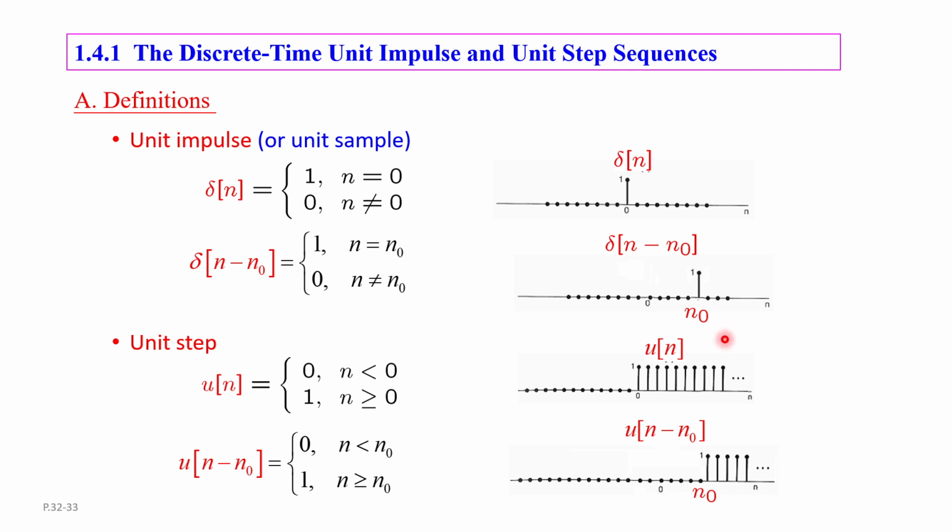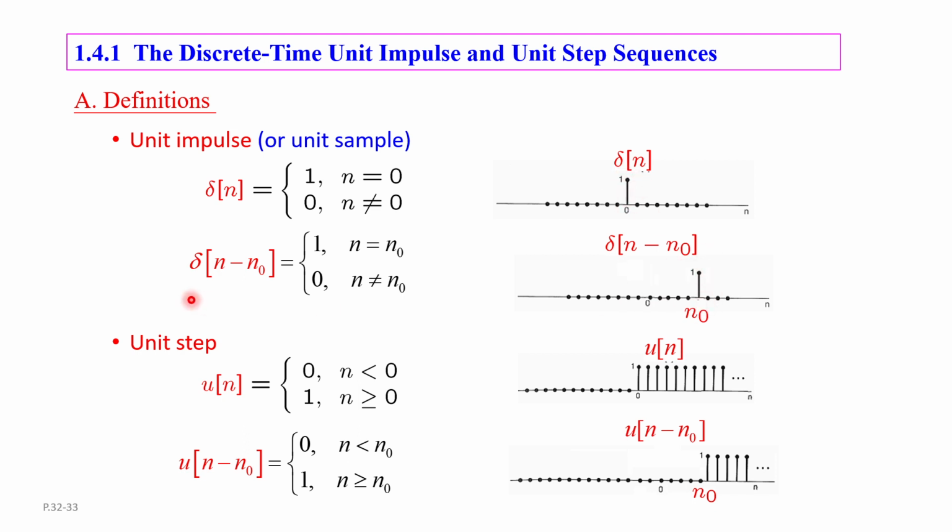If you want this to be a little more useful, then you want to shift it around. This goes back to what we did a few weeks ago. If you shift your time variable from n to n minus n0, then when n0 is bigger than 0, you are delaying the signal, shifting this pulse.